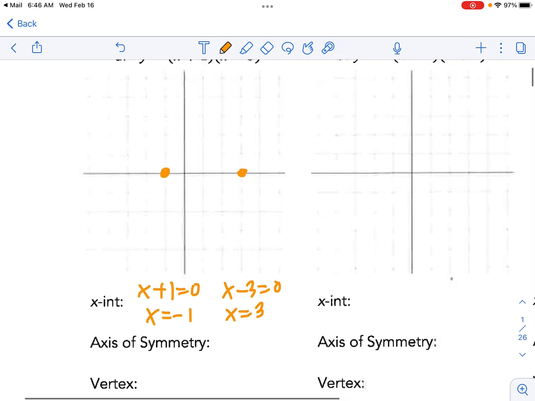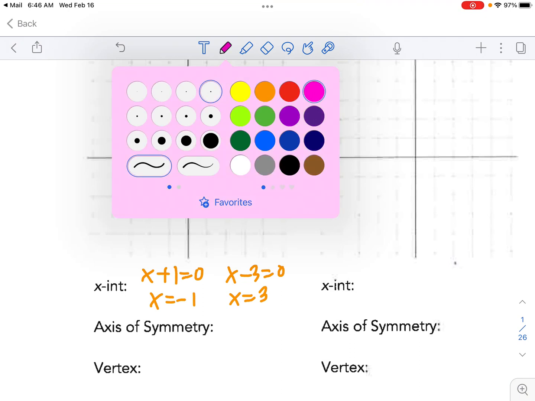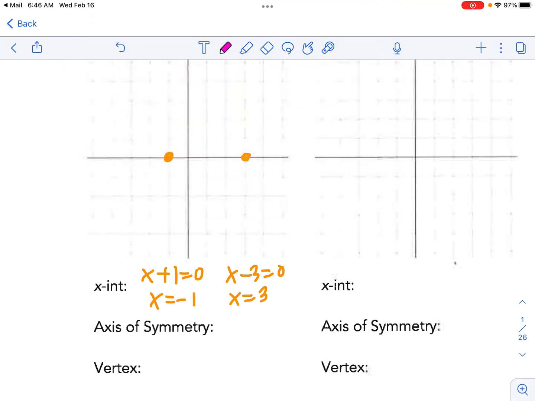So we know that quadratics are symmetrical. So this axis of symmetry is going to be exactly in between those points. So let's see, axis of symmetry, I made pink. So it's going to be right in the middle of -1 and 3.